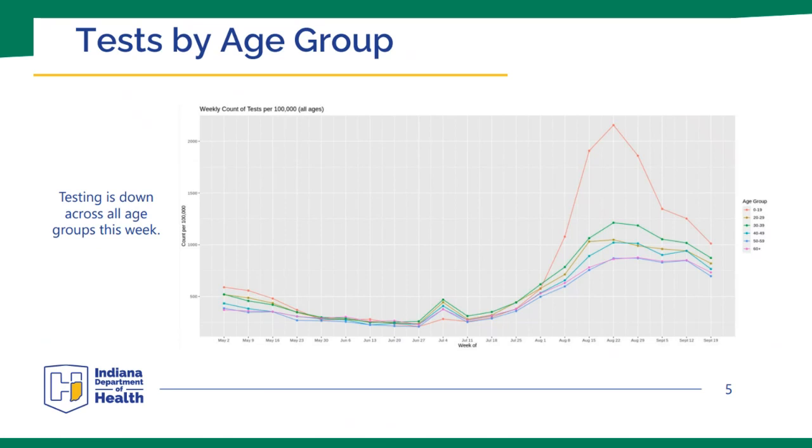The other thing that is important to see that has been different in this Delta wave during the fall of 2021 compared to previously: you see that reddish line, or maybe it's orange, the one on top. That's the younger individuals, our 0 to 19 age group of Hoosiers, who have had many more tests and many more positive cases during the Delta wave than they ever had previously.